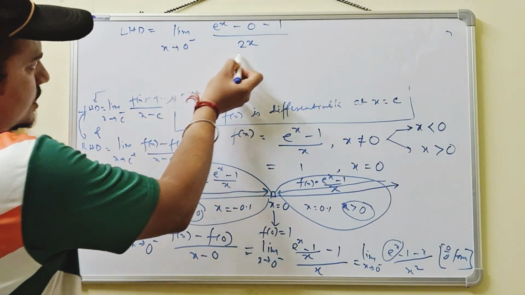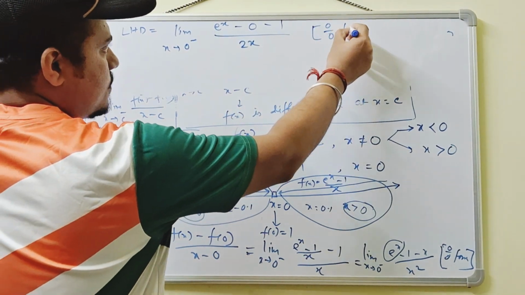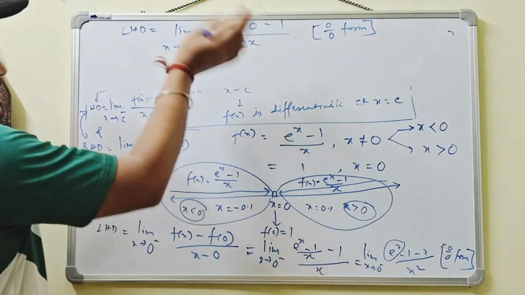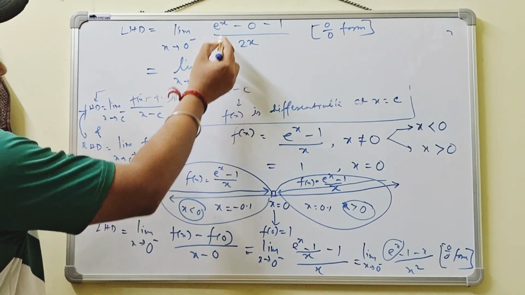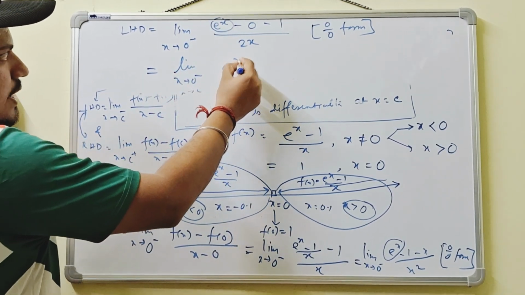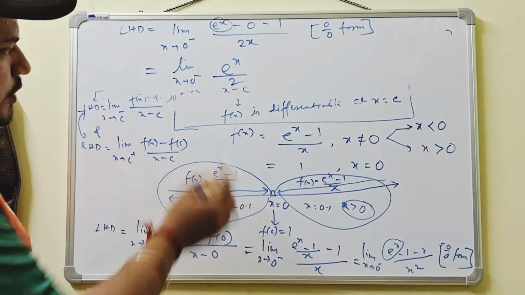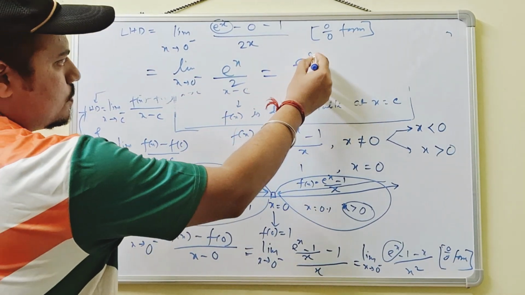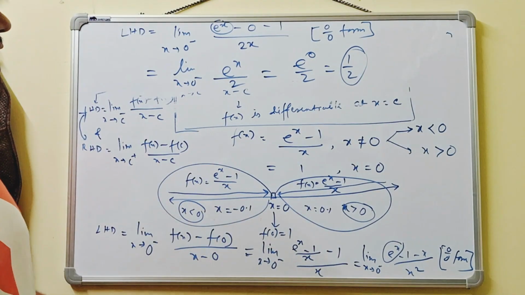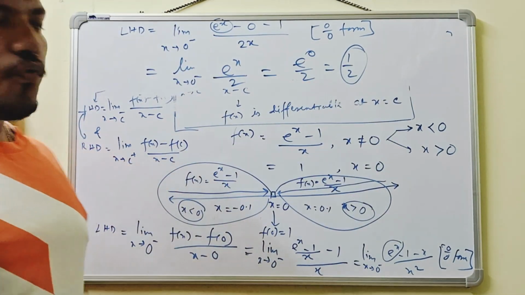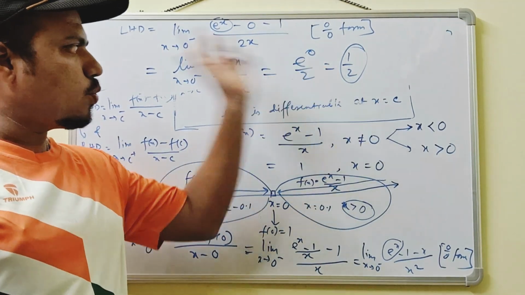If you put x equal to 0 again, it is a 0 by 0 form, so you have to apply L'Hospital rule again. The derivative of e to the power x is again e to the power x, the constant's derivative is 0, and the derivative of 2x is 2. Putting x equal to 0, we get e to the power 0 by 2, which is 1 by 2. So the limiting value from the left-hand side is 1 by 2, and the left-hand derivative is 1 by 2.